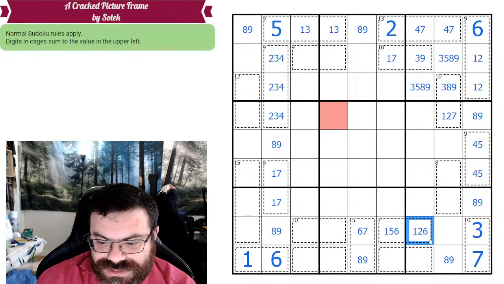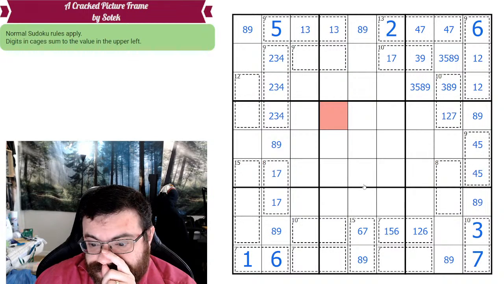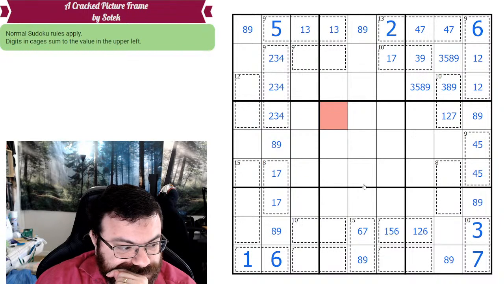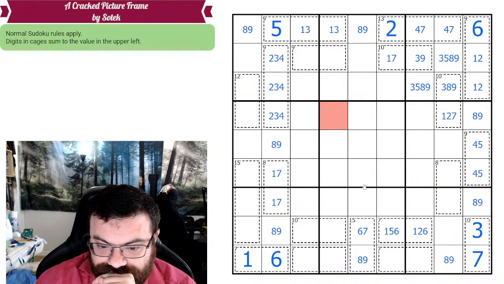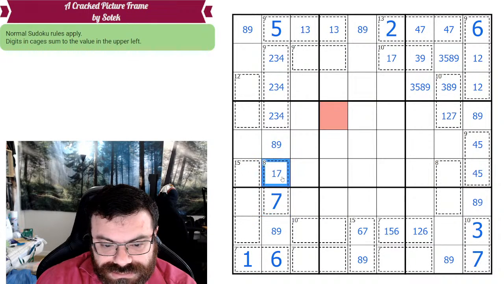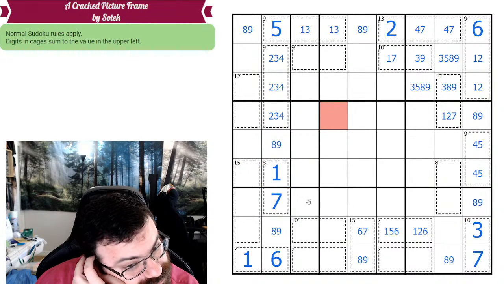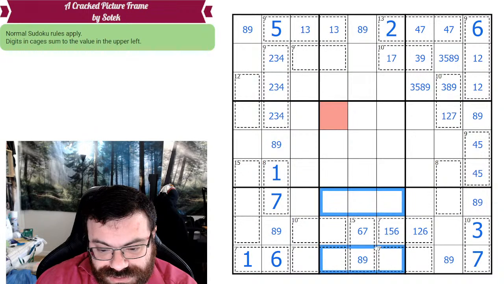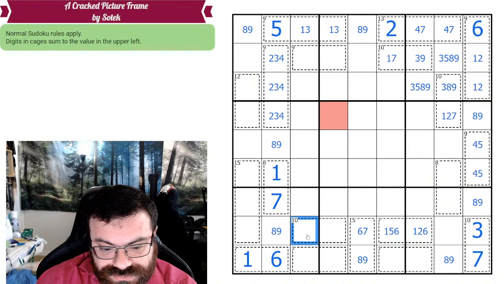This can't be 2, so that's not 5. Oh, that one sees that. Yeah. So 7 is in one of these two. Can this be 3? Looks like it can be.